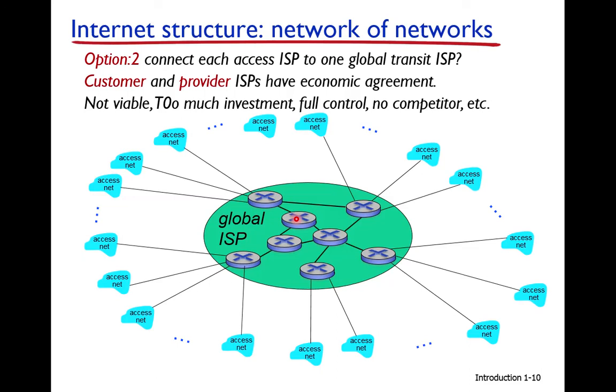So there is full control and no competitor. Facebook will charge the access network, and how much they charge is their wish. For example, if only PIA service were available in Pakistan to go to other countries.